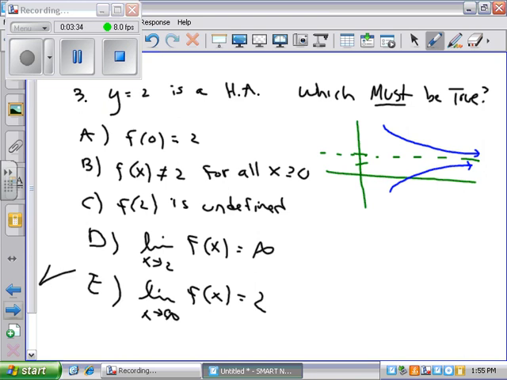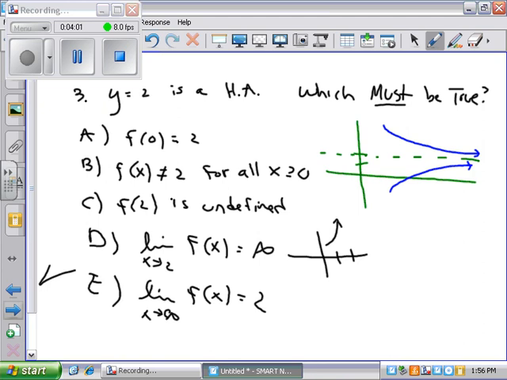For a vertical asymptote, it's the denominator 0, if you have the equation. If you look at what D says, it says the limit of the function as x approaches 2 is infinity. That would mean that for D, there would be a vertical asymptote at 2, because what this is saying, as the x's approach 2 from either side, the y's are approaching infinity.